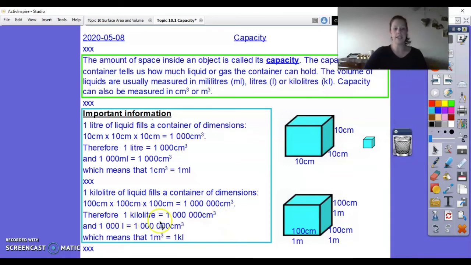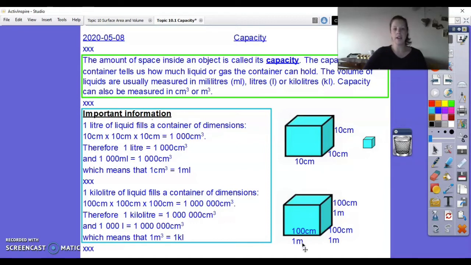So 1 kiloliter, if we remember from the units of measurement, our conversion table, 1 kiloliter is equal to 1,000 liters. So 1,000 liters is also equal to 1 million centimeters cubed. But now we go and change it to meters cubed. I want you to just stick with me quickly. 1 meter was 100 centimeters. We remember that from our conversions a few days ago.